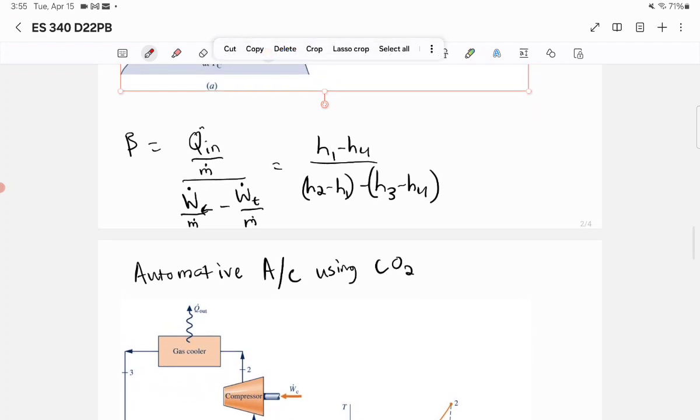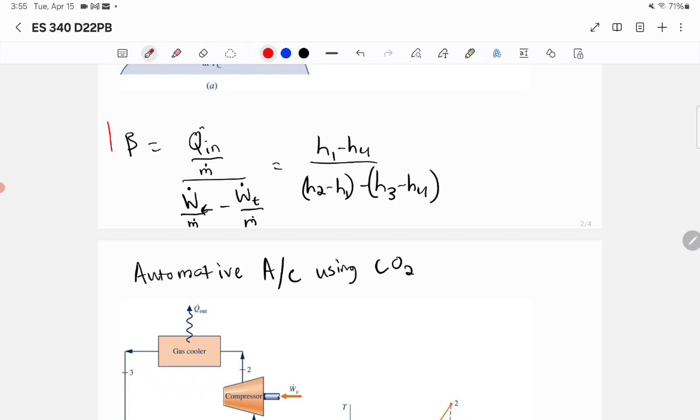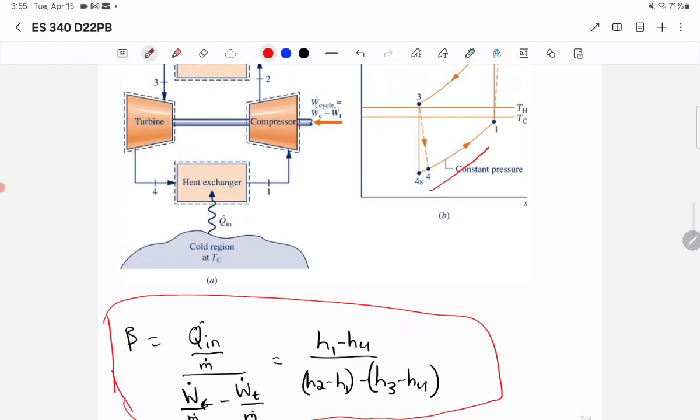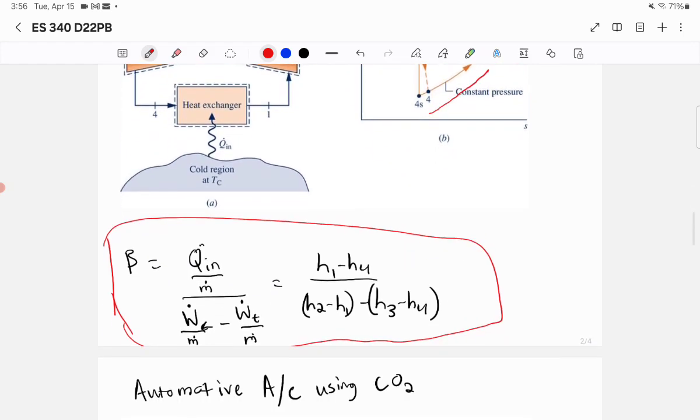Now, in this case, you can go through the equations, but I'll do that for you. Basically, notice that you're going to have work coming into the compressor in the Brayton refrigeration cycle. That's what is powering the system. And what you have going out the other side is the power from the turbine. You obviously have to spin that turbine, so you're losing some of that power by spinning it.